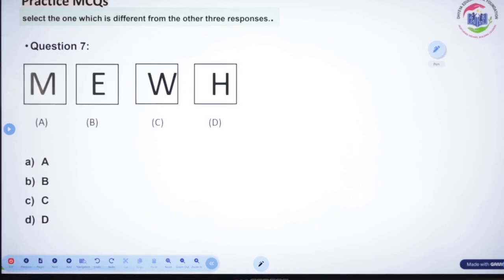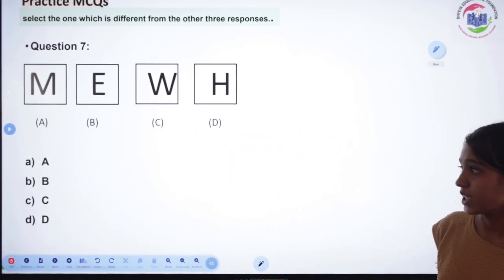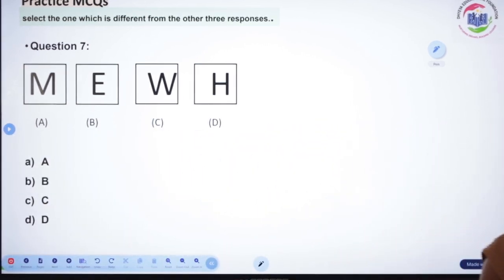And observe the diagram. Which one is the odd one out? Find the odd one out from this. Observe each and every diagram carefully and find the odd one out. Option A, B, C or D. Which one is the odd one out?